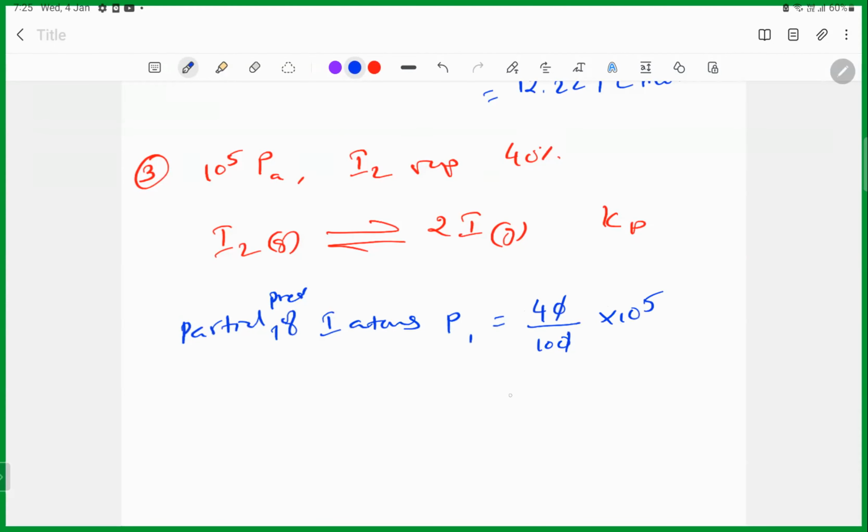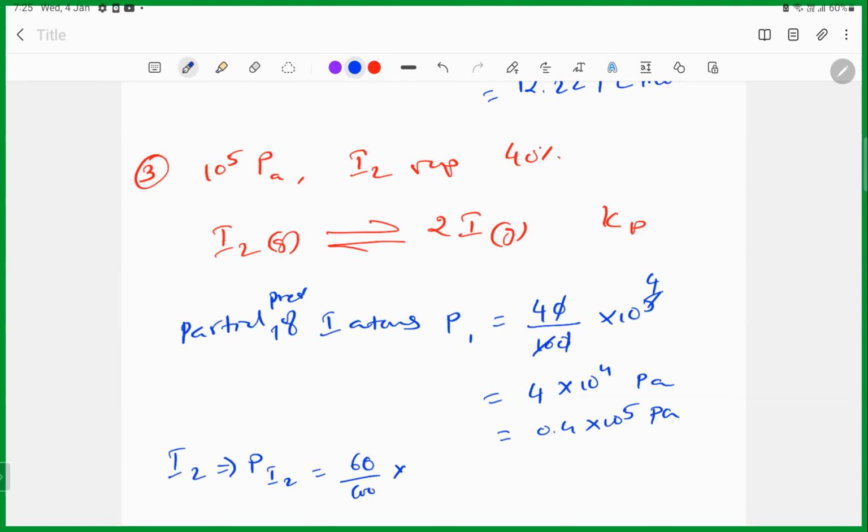So it becomes 4 into 10 power 4 Pa partial pressure, otherwise 0.4 into 10 power 5 Pa. We can write it this way. The partial pressure of I2: 40% is iodine atoms, so the remaining is 60%. So 60 by 100 into 10 power 5 gives 0.6 into 10 power 5 Pa.